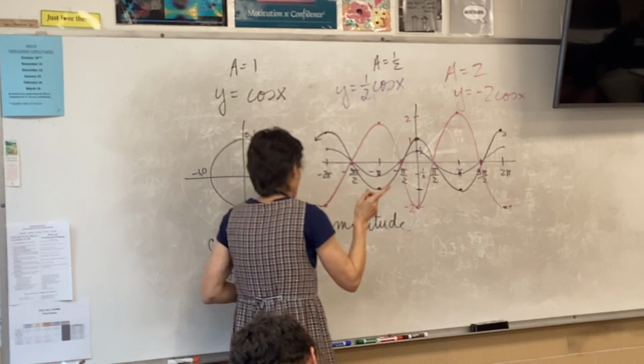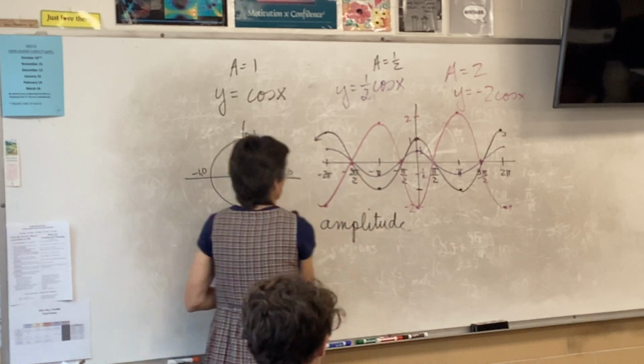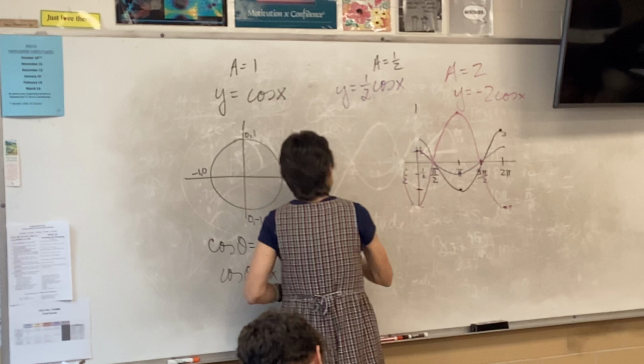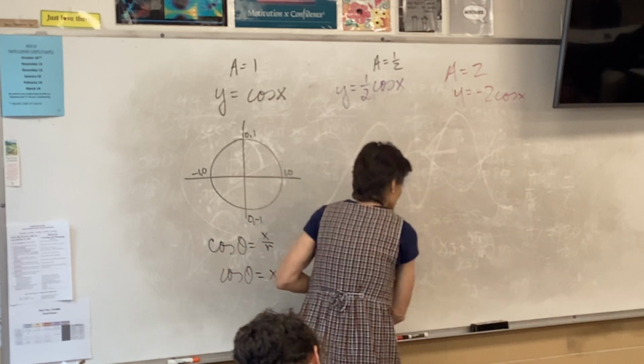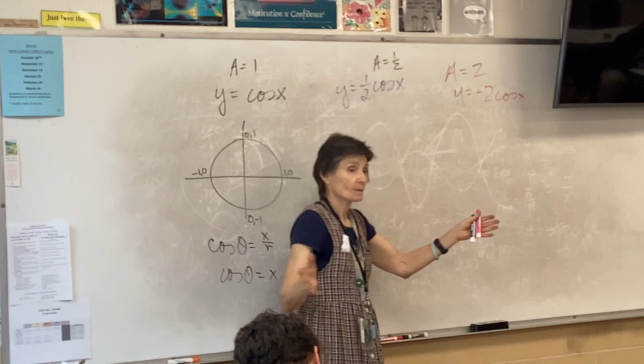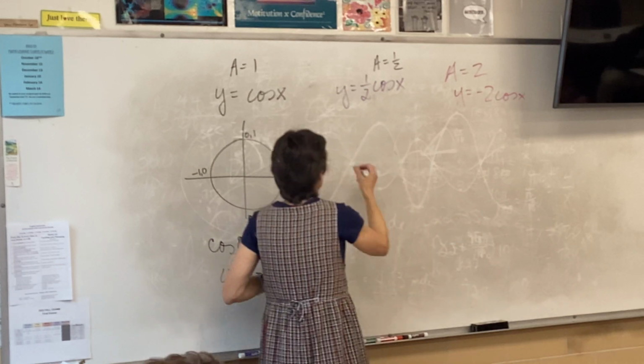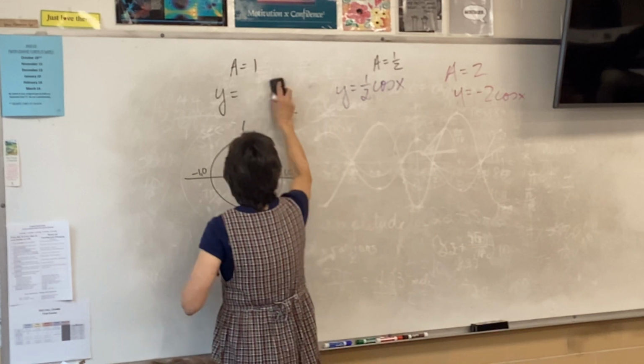Okay, now, next thing we're going to do is look at the sine wave and talk about changes this way. All right, we'll use a sine as our example. So, y equals sine x.